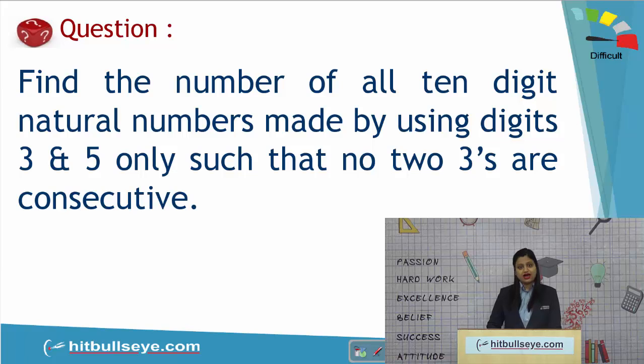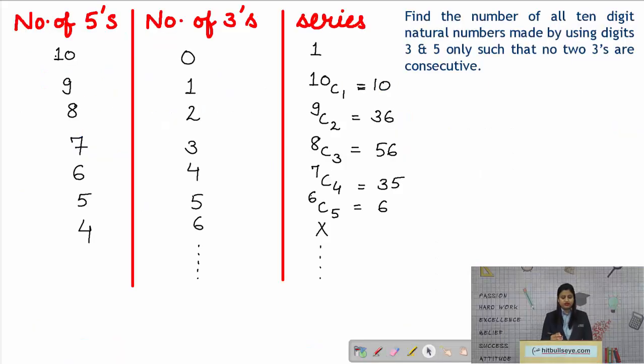So what is our conventional approach? We'll try to make cases. Since it says that no two 3s are together, we can take the number of 5s as 10 and there will be no 3. How many such numbers are possible? There is only one number, that is all 5s.